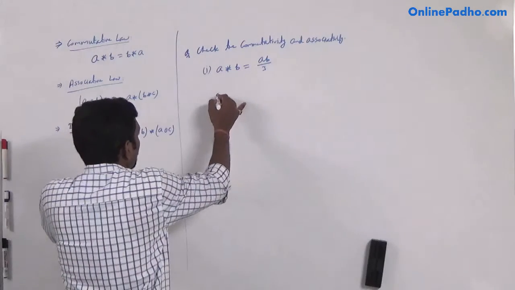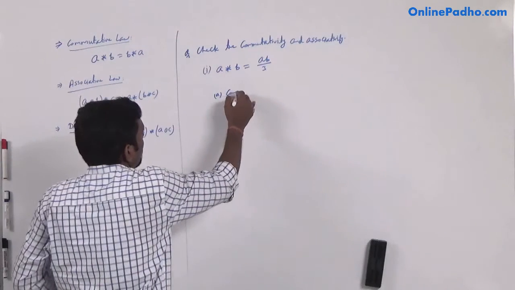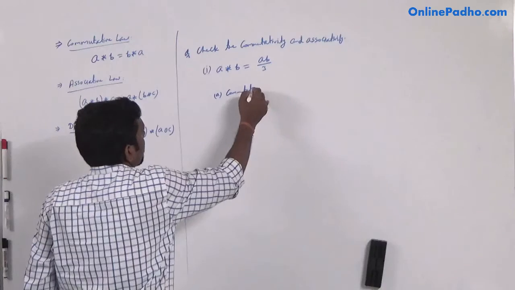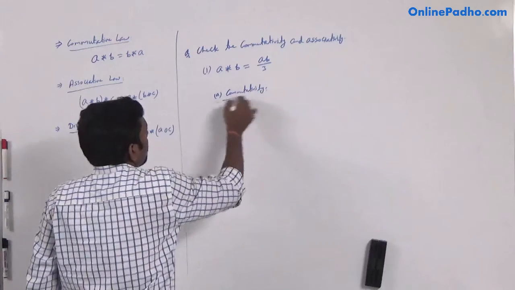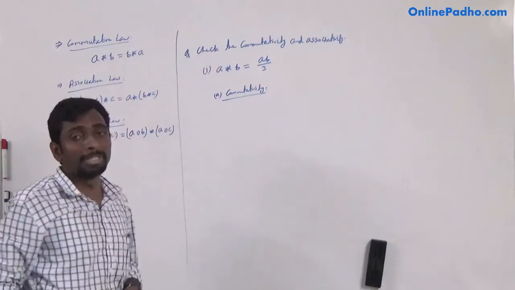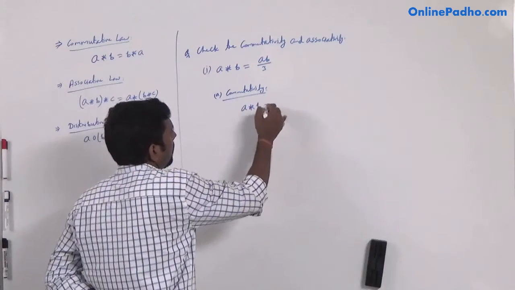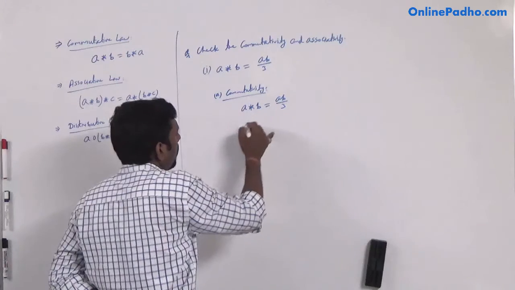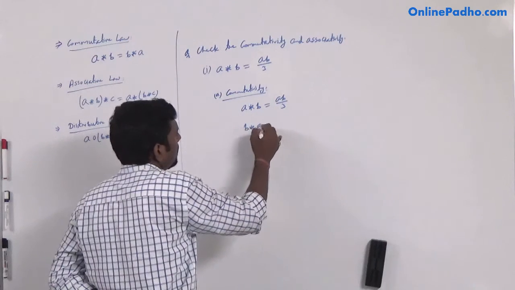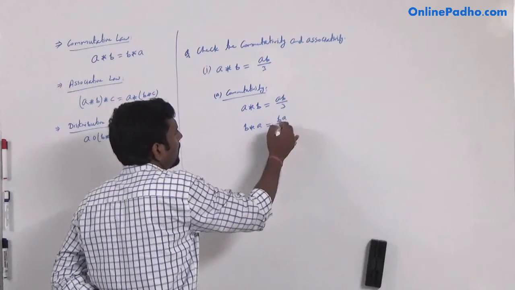So, first of all, we have to check the commutativity. For the commutativity, A star B must be equal to B star A. Here A star B is already given, that is AB by 3. What do we mean by B star A? B star A can be written as BA by 3.